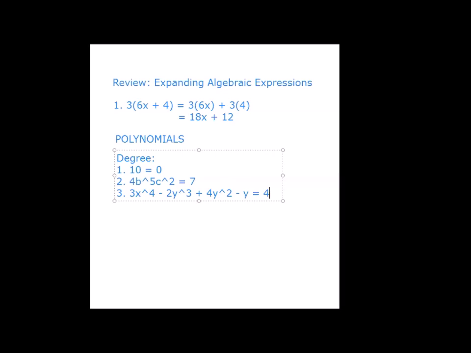Then the 4y squared has the degree 2. And then your minus y has the degree 1. So again, if we have a polynomial, the highest degree of a term is the degree of the polynomial. So for this polynomial, the degree is 4. Okay? Any questions so far?